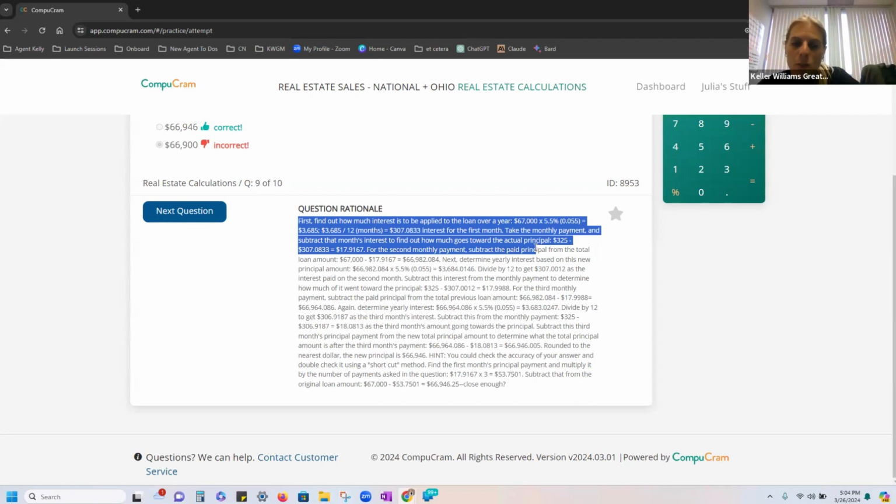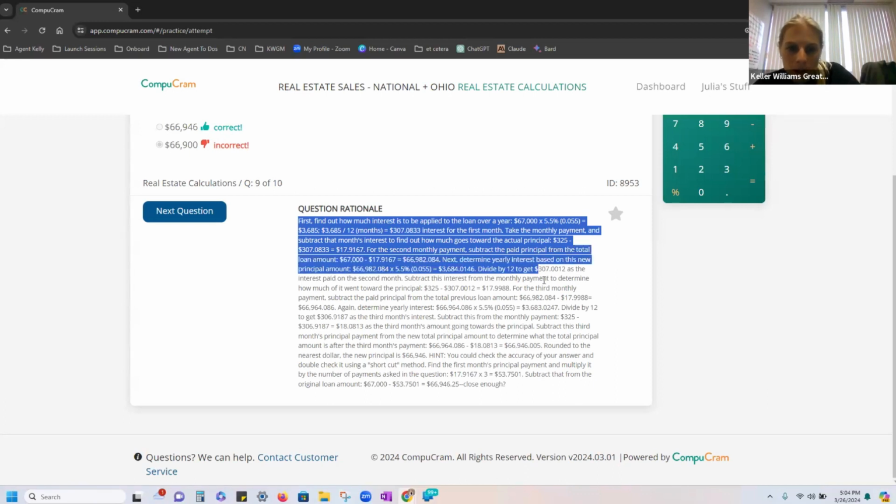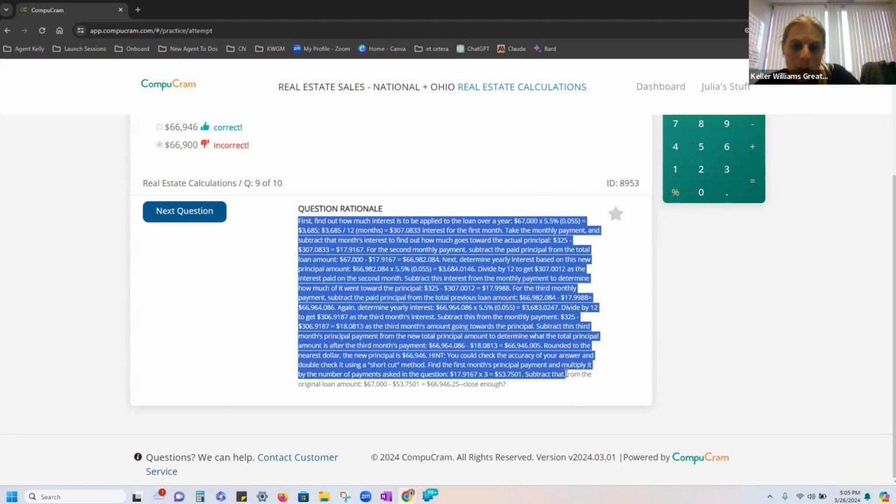They divide that by 12 months, with the interest of the first month then being $307.08. You round up. So the actual principal goes to the interest amount.